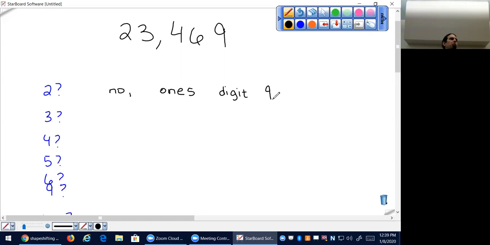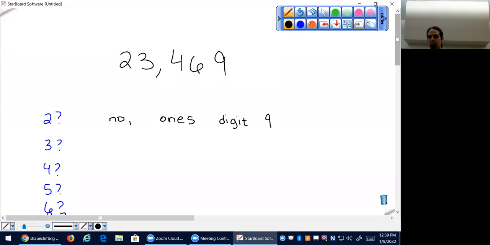Is 3 a factor of this number? We have to add things up. 2 plus 3 plus 4 plus 6 plus 9. 4 and 6 is 10, plus 9 is 19, 21, 24. Does 3 go into 24? Yes.